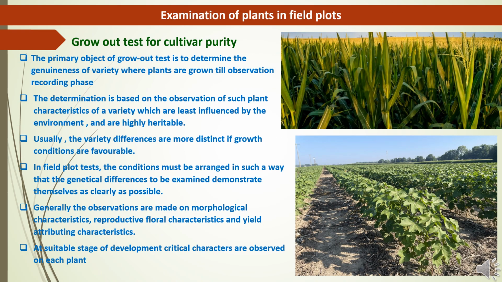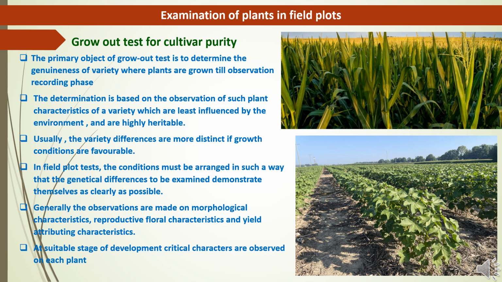Examination of plants in field plots, where the grow out test is done for cultivar purity. The primary objective of the grow out test is to determine the genuineness, true to type, of a variety, where plants are grown till the observation recording phase. The determination is based on the observations of such plant characteristics of a variety which are least influenced by environment and are highly heritable.